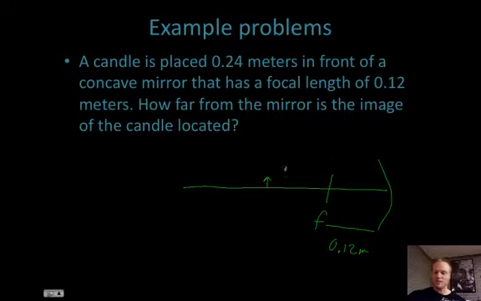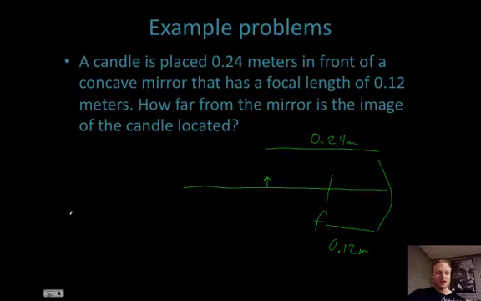You don't actually need to draw a real candle. And that candle is 0.24 meters from the mirror. So how far from the mirror is the image of the candle located? This candle is producing an image on this concave mirror. How far away is the image from the mirror?